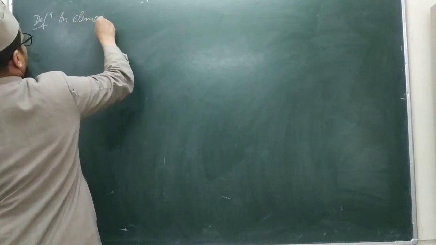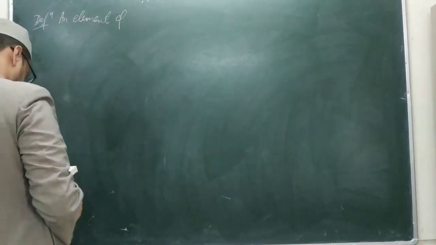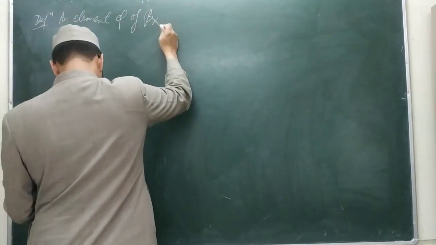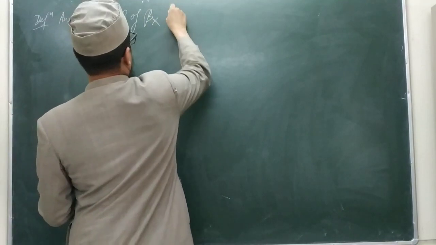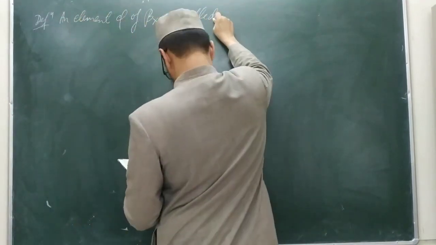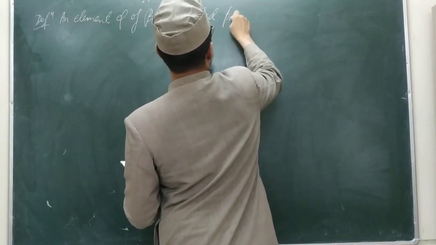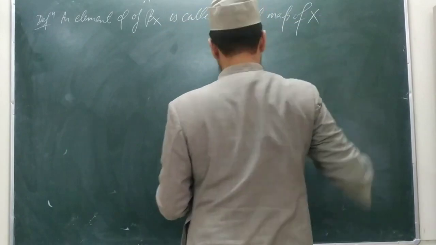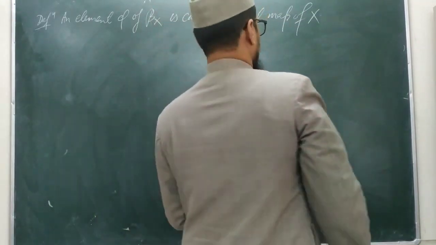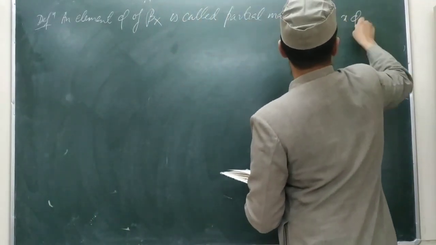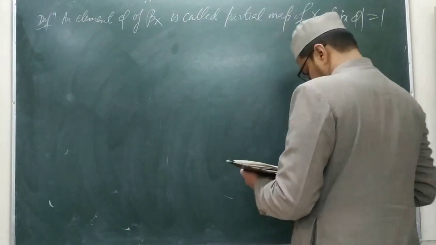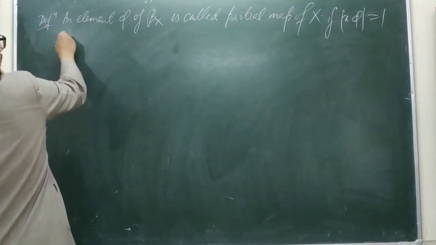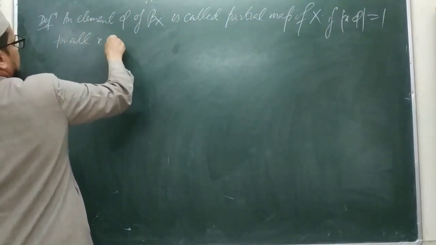An element phi of Bx is called a partial map of X if x phi has at most one element for all x in domain phi.